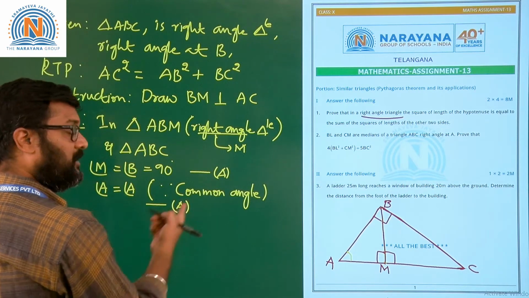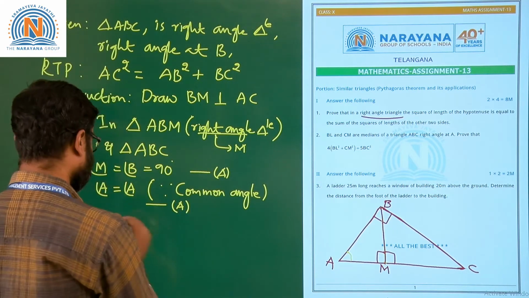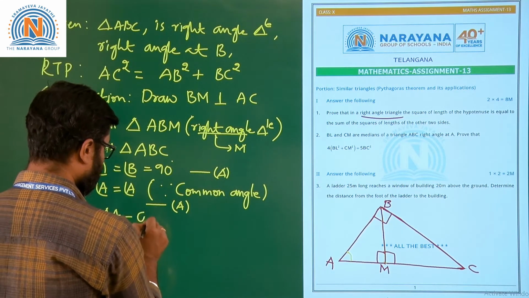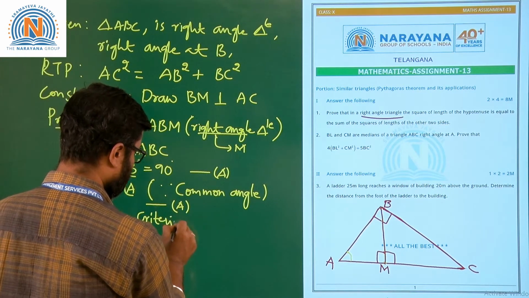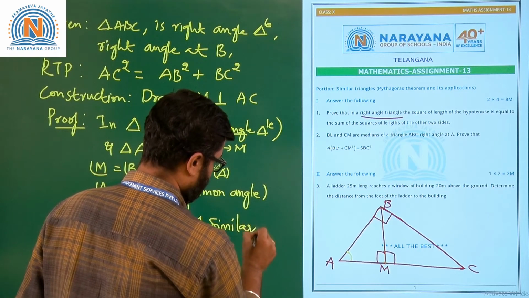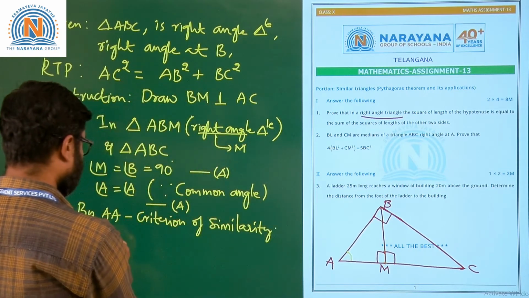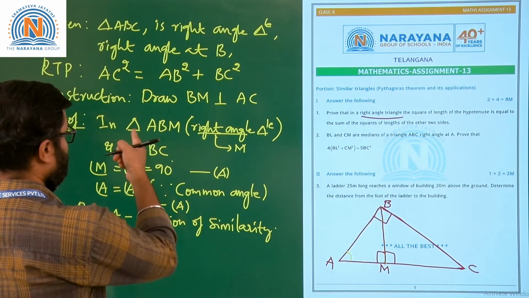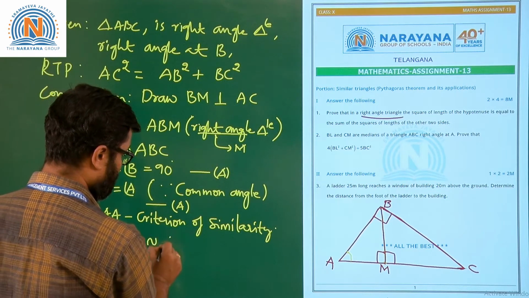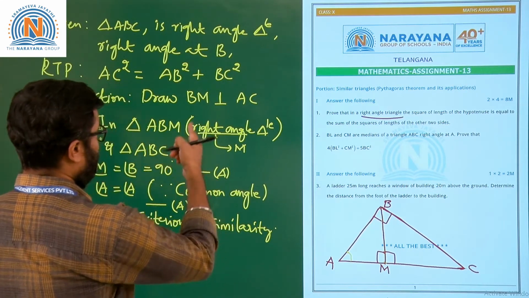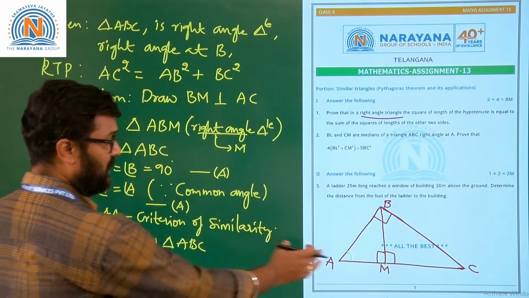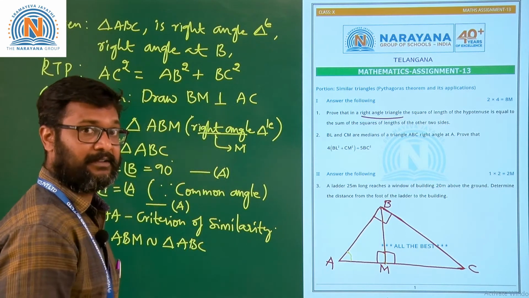By the AA criterion of similarity, what can we conclude? Triangle ABM is similar to triangle ABC. So these two triangles, ABM and ABC, are similar to each other.